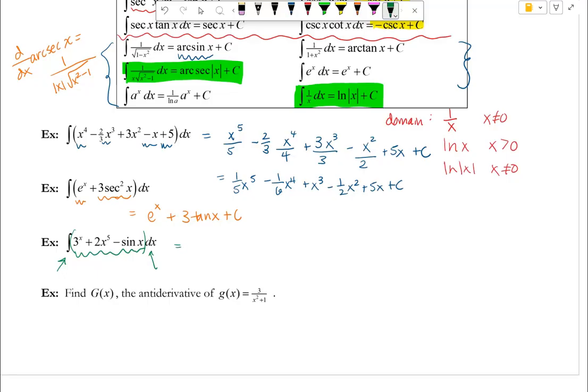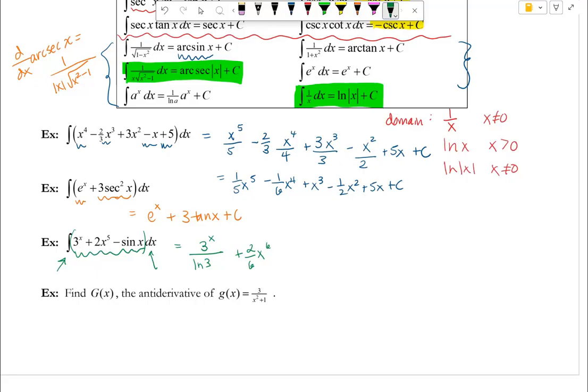All right, so we are going to use our rule. We said that when I have a power with a base that is not e, I'm going to get 3 to the x times 1 over the natural log of that base, or I could think of that as divided by ln of 3. And then when I get to 2x to the fifth, I can use my power rule. So I'm going to add 1 to my exponent and divide by my new exponent.